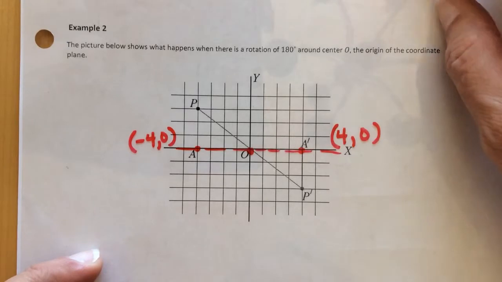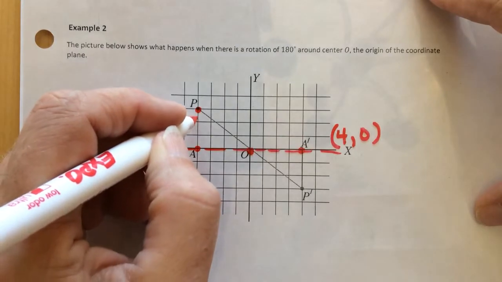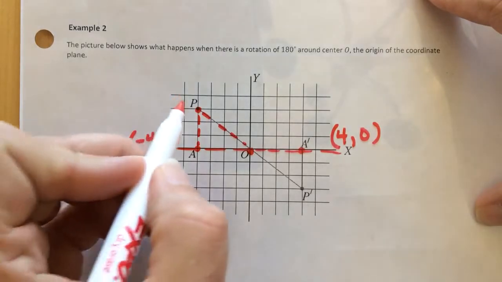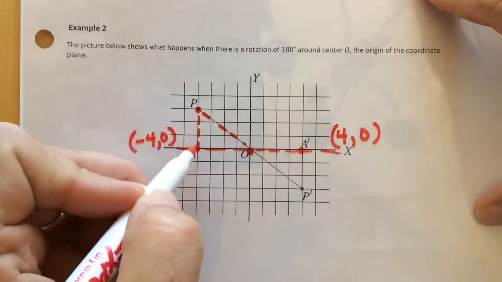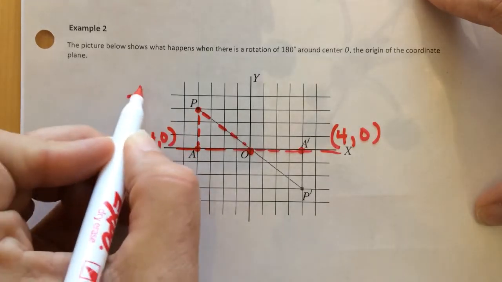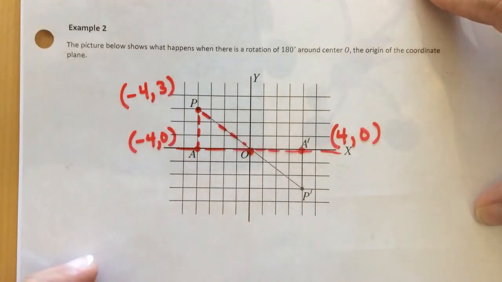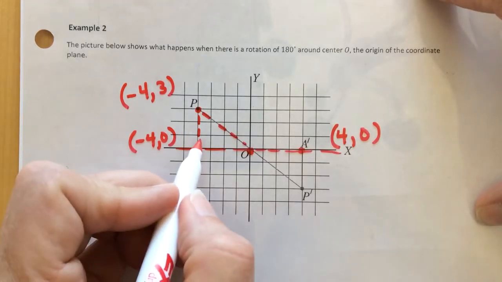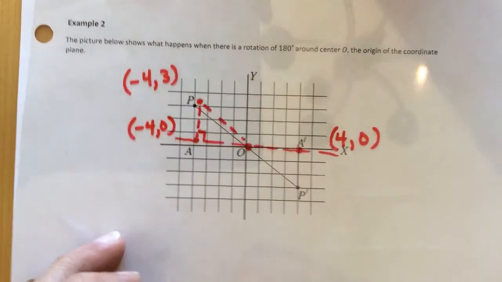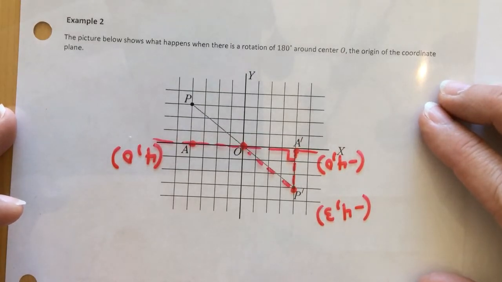Now, let's look at point P and P prime. So if I have P here, what I have is kind of an angle there, or a triangle, you could even think of it. The x-coordinate of P is the same as A, so it's -4. The y-coordinate is +3, right there. Now, this angle is a right angle. And so when I rotate this 180 degrees, I've got this situation going on.